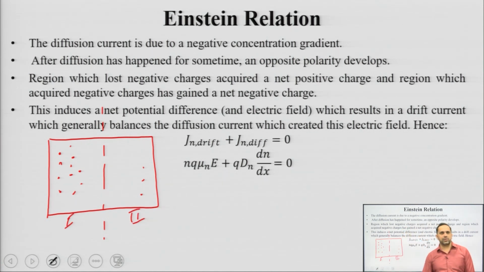Electrons are going to diffuse from a region of higher to lower concentration, from here to here. After some time, this region is going to lose electrons, this region is going to gain electrons. The region which loses electrons develops small positive charge, the region that gains electrons develops some negative charge.